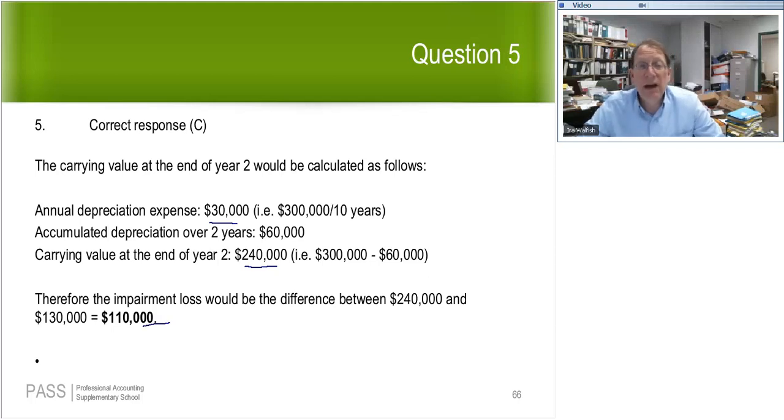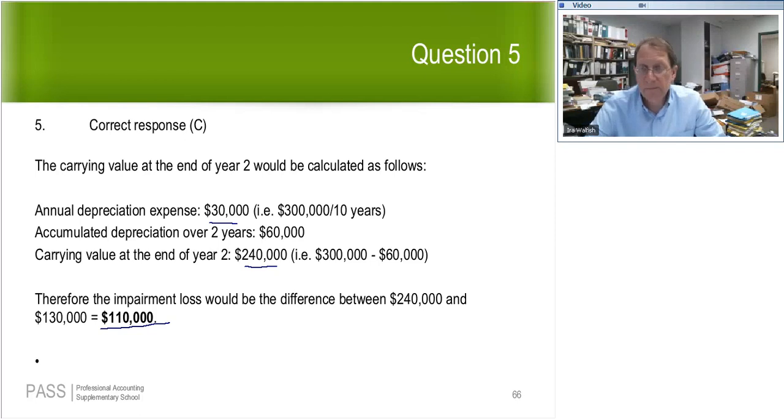My carrying value is higher than my recoverable amount, so therefore I have a write-down. And I write it down, this is IFRS, to the higher of the two, which was 130. Answer is C, 110,000. Any questions? People, does that make sense?